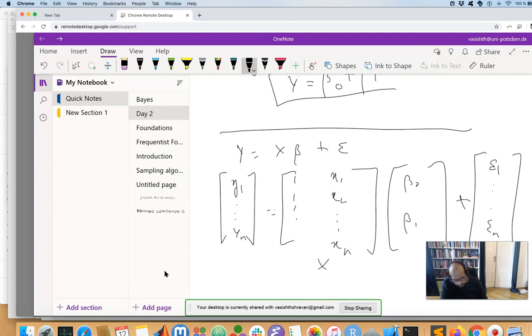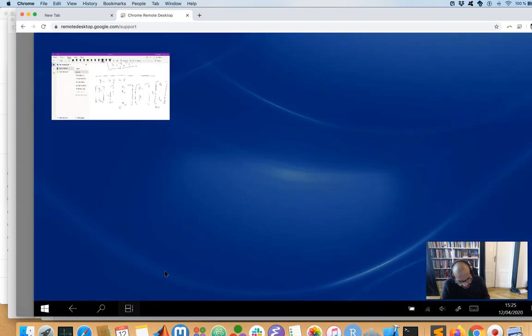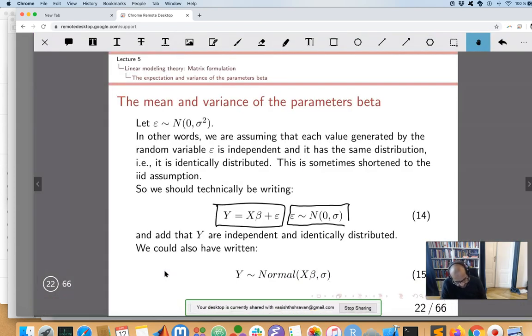In order to express that I have an n times 1 matrix here with n epsilons, I technically could write this part of the model specification in the following way. I could say that each of the epsilons is being generated from a normal distribution with mean 0 and standard deviation sigma.